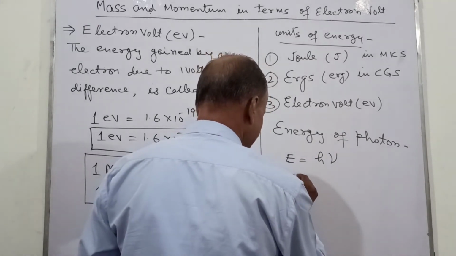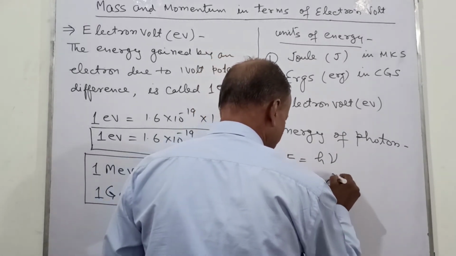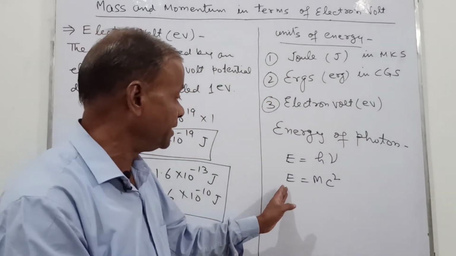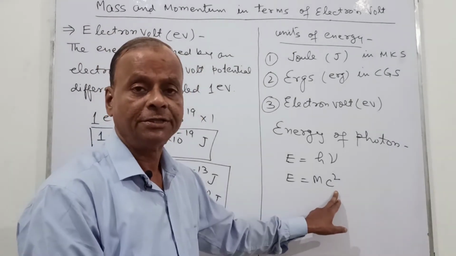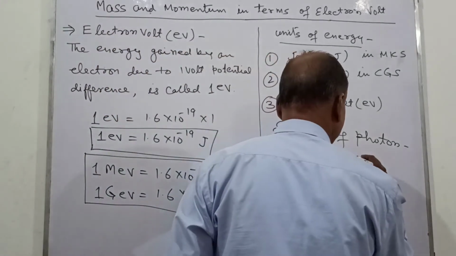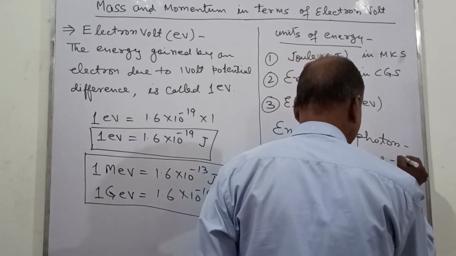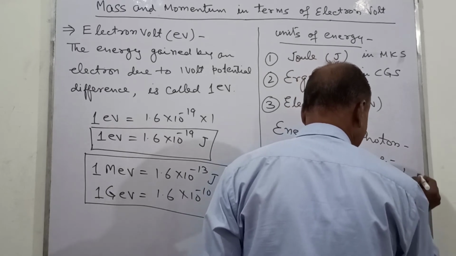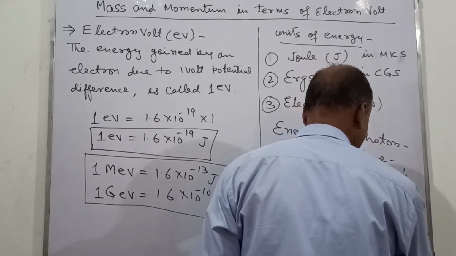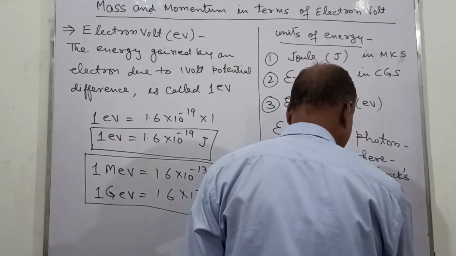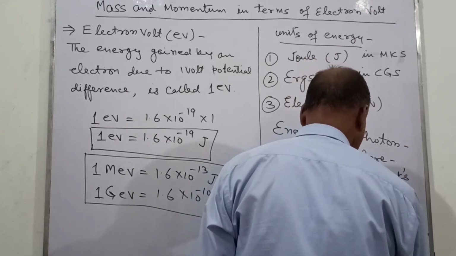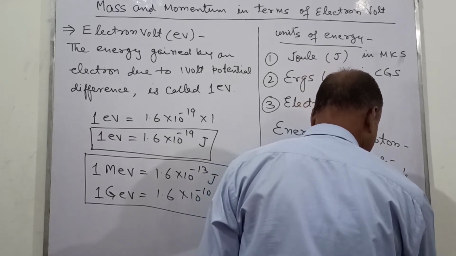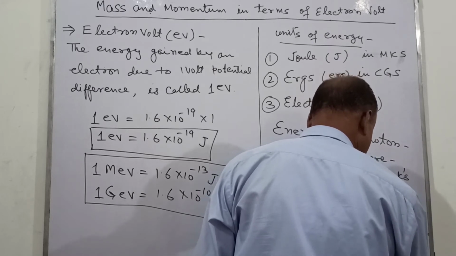And also we have E equals mc square. E the energy, m the mass, c the speed of light. Where h equals Planck's constant, m the mass, c the speed of light.